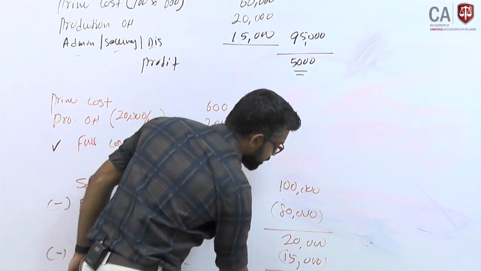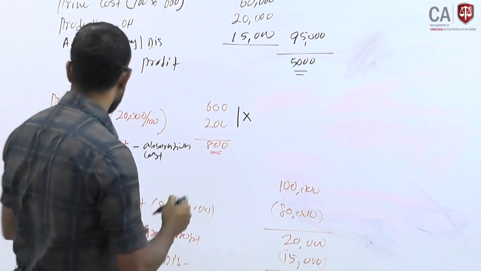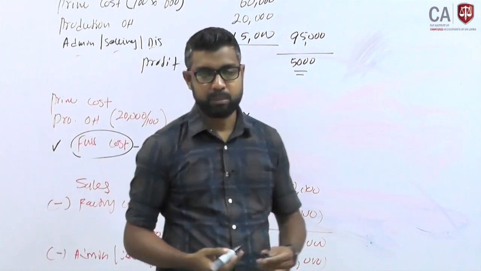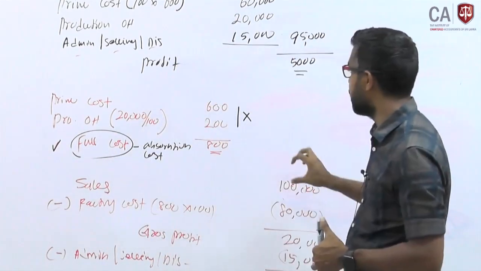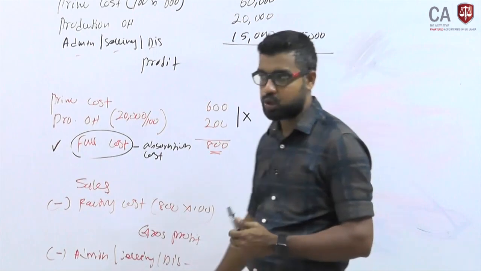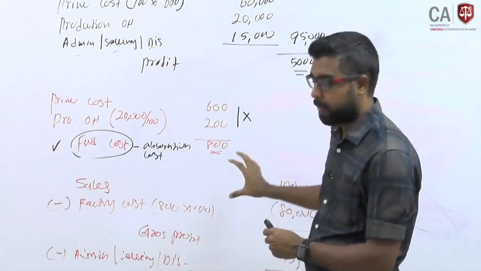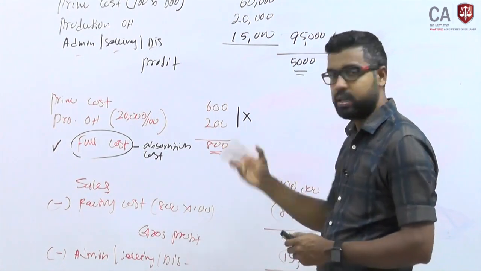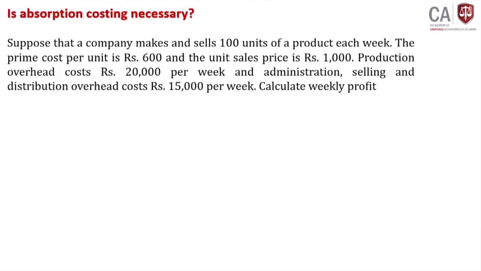Then profit, how much? 5,000. What you need to understand is the way you calculate full cost. In both ways the profit can be the same, but this is how you figure out profit according to absorption costing, right?